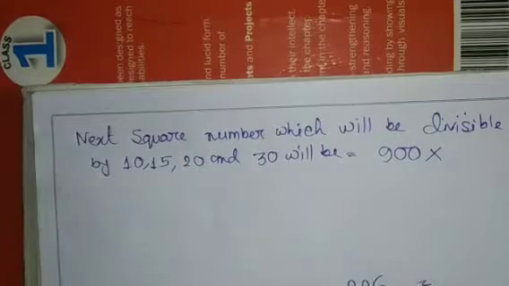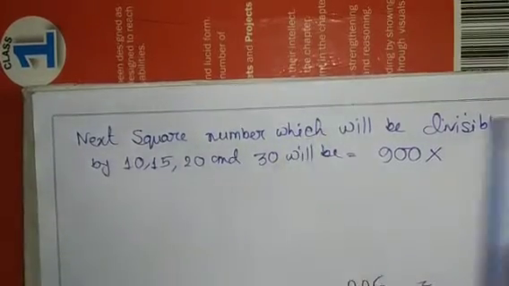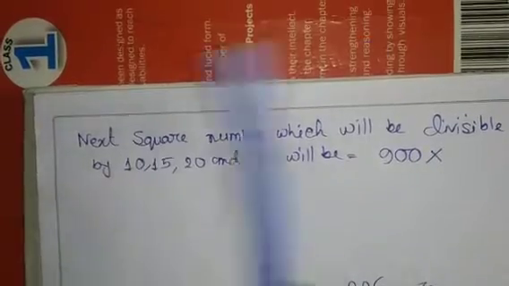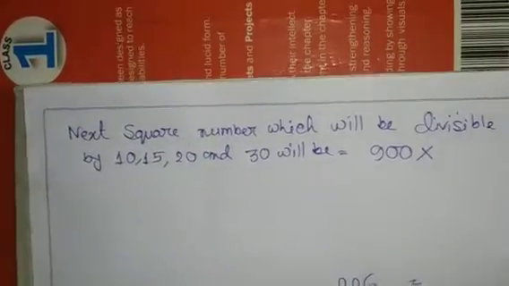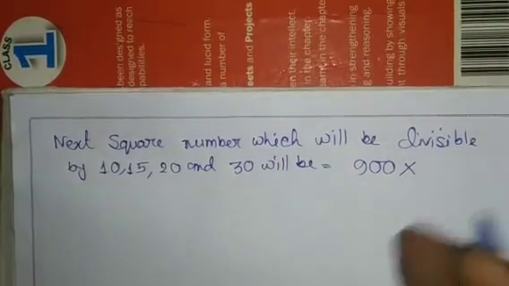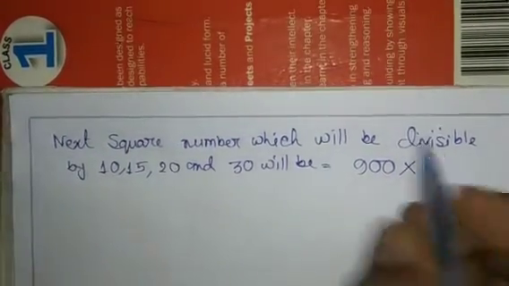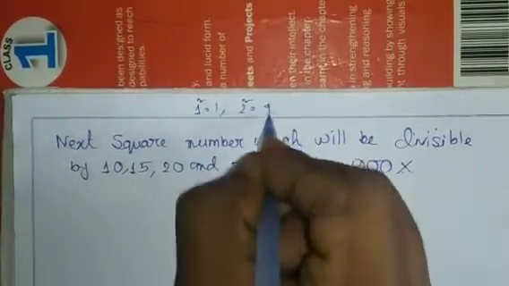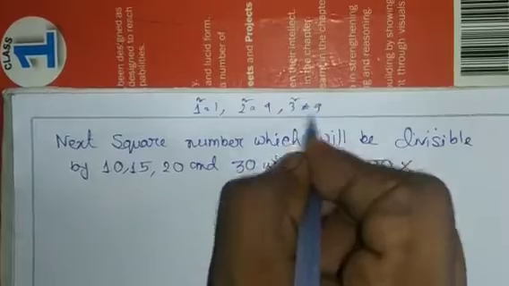So the next square number which will be divisible by 10, 15, 20 and 30 will be the next square number. Look at this word. We have already got 900 as our answer, but we need to take the next square number. That means the square multiples are 1 square equals 1, 2 square equals 4, then 3 square equals 9. You need to take it like this.